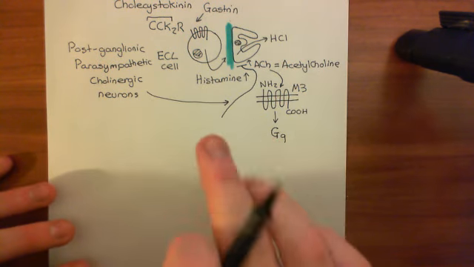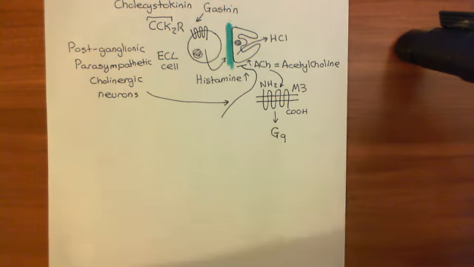Okay, so in response to a meal, these neurons innervating the parietal cells will also fire and stimulate the parietal cells in that way. Okay, so those are the factors regulating the release of hydrochloric acid by these parietal cells.